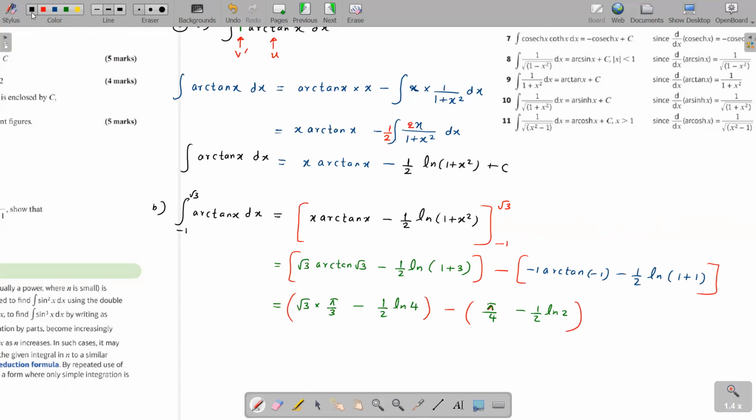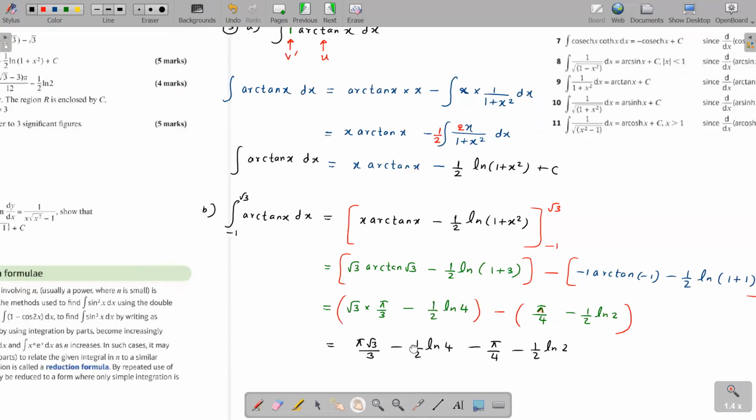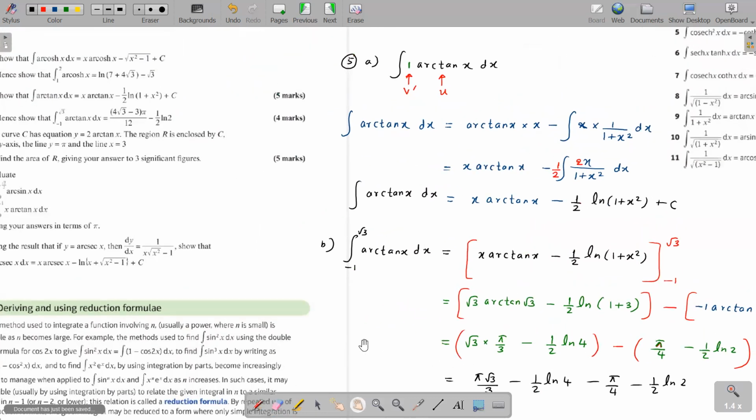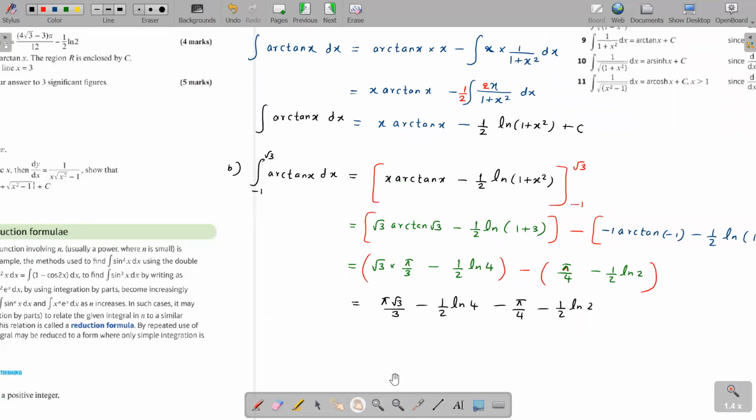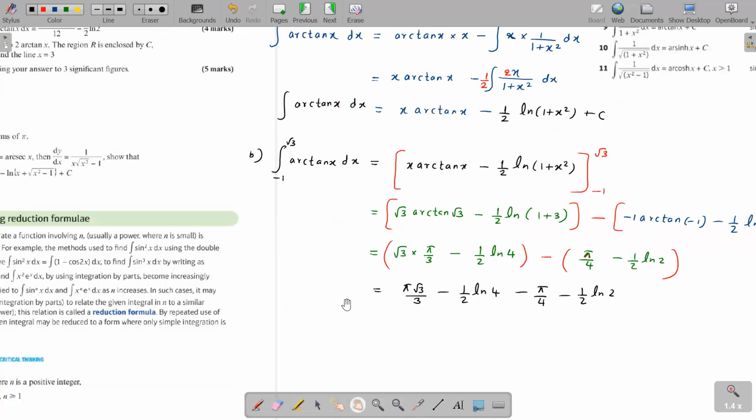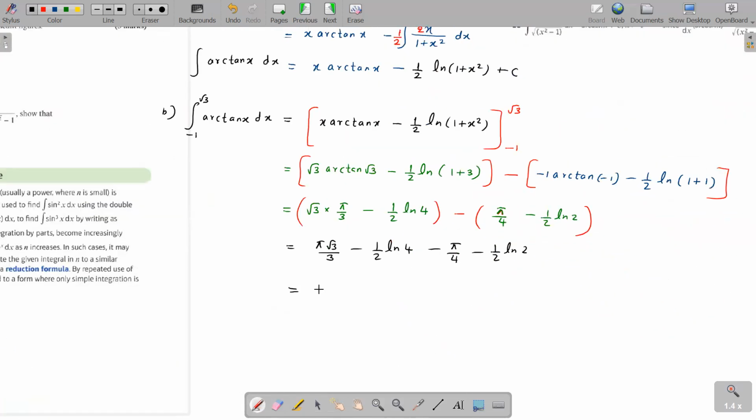So we end up getting here √3 pi over 3 minus half ln 4 minus pi over 4 minus half ln 2. Is this some kind of a show then? Yeah, there's a show that half ln 2 and the other terms in pi, they have taken together with the common denominator 12. Okay, so let's get them together.